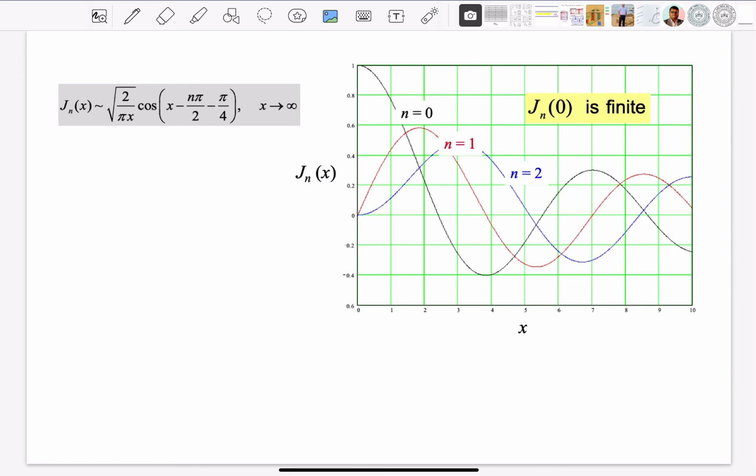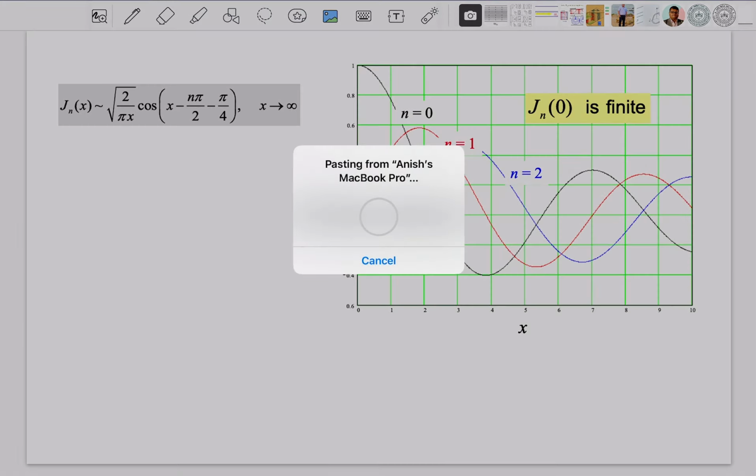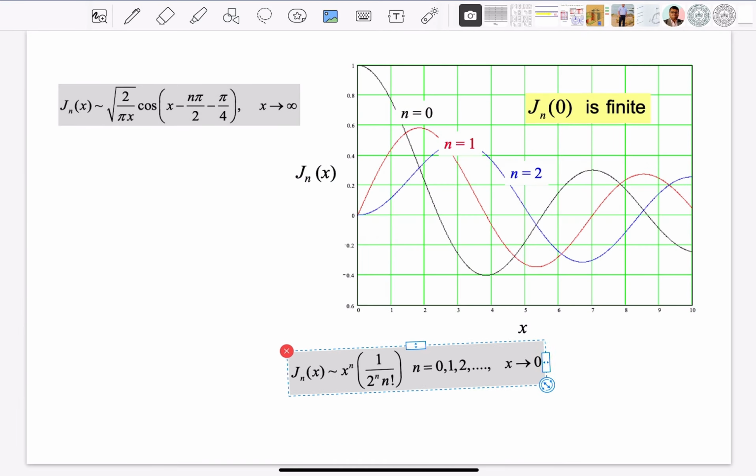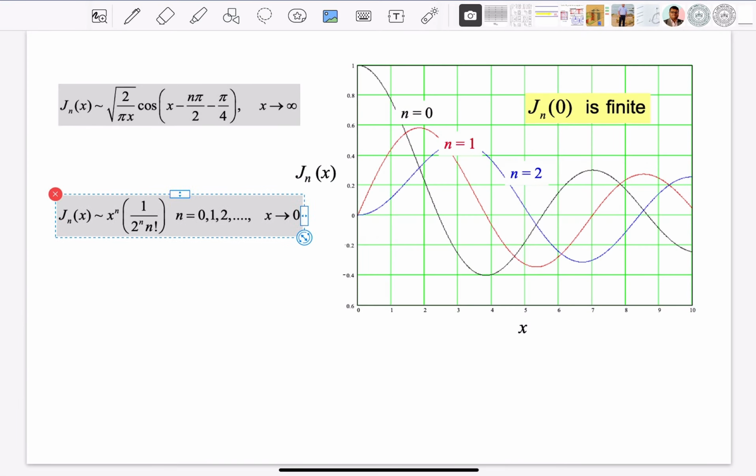the equation will be different. Okay, so this is the equation in case x is tending to 0. So you're supposed to calculate your Jn, which is the Bessel function of the first kind, with this.